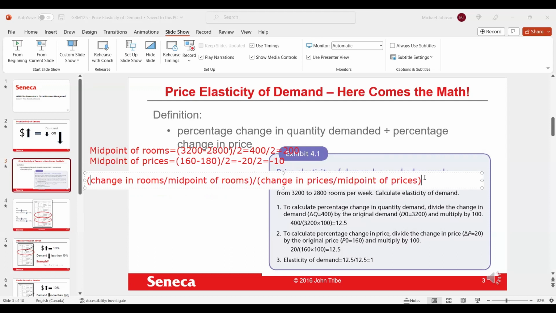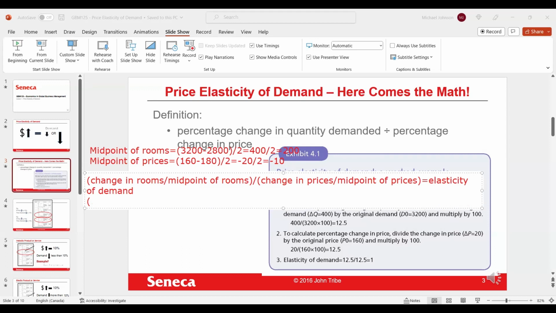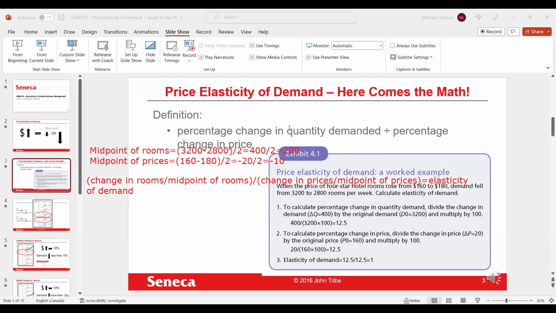So that's how you calculate elasticity of demand. So that's the equation. I'm just going to update the midpoints.